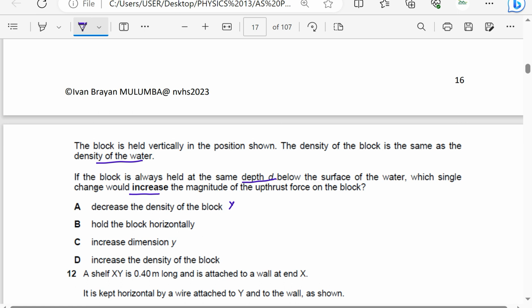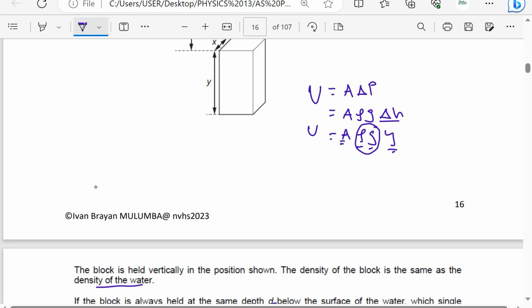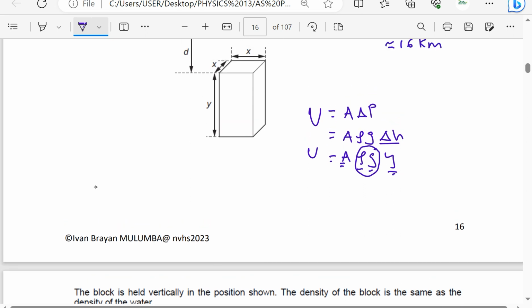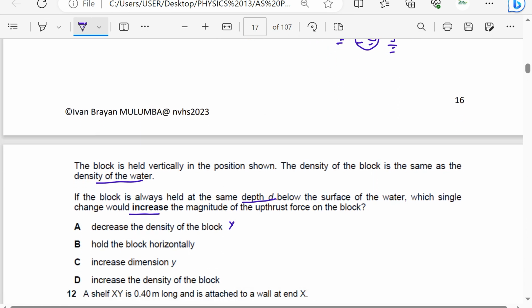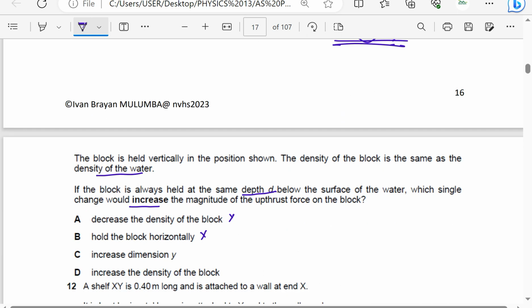Holding the block horizontally will only interchange cross-sectional area and y, because the distance x will now be in the position of y, but the cross-sectional area will be y times x. So the product still remains the same and this will not change the upthrust. Increase dimension y. When we increase dimension y, it means we change this quantity here, so the upthrust changes. So the answer is going to be C.